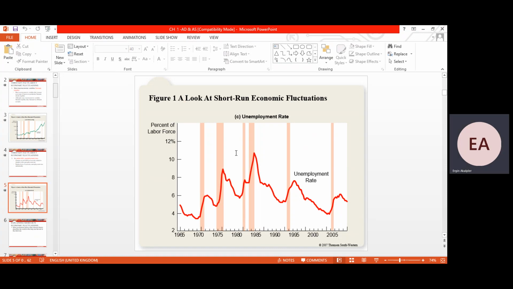Then in 95 it comes to around 5%, and then it goes again to 8% from 1995 to somehow 98, and after 98 it is again in reduction. It reduced to somehow 4% until 2005, and after 2005 it goes up again.